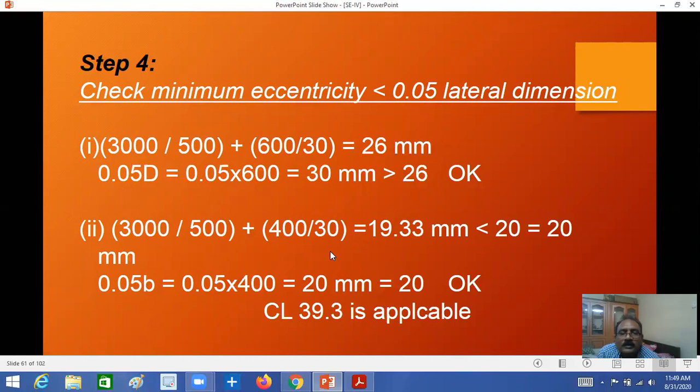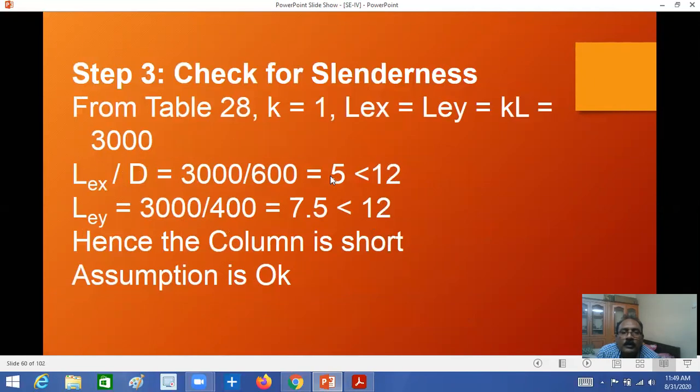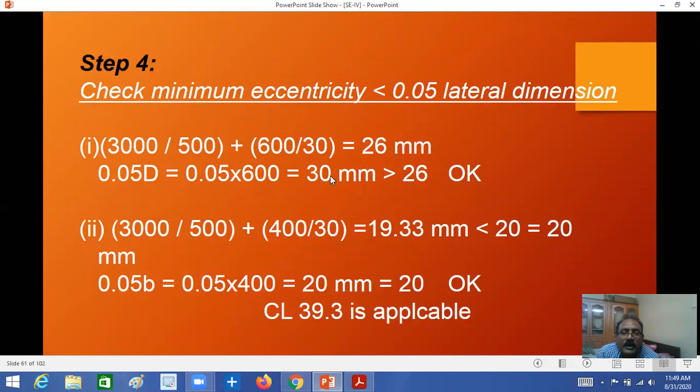Then it is okay. So in both directions, it is approximately 20. So 0.05D is 20 mm. Then it's okay. So this is Clause 39.3 of IS 456 applicable in this problem. So in this way, you have to check the problem. In this session, thank you all.